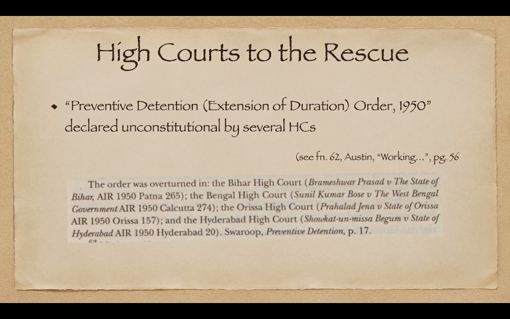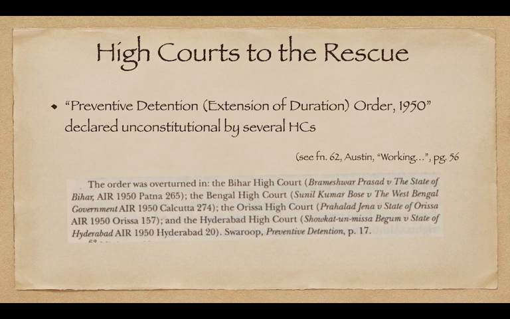And Brahmeshwar Prasad, Sunil Kumar Bose, Prahlad Jena and Shaukatun Missa Begum, all of these approached their respective high courts, Bihar, Bengal, Orissa and Hyderabad, seeking habeas corpus, and they were granted habeas corpus, and in turn each of these high courts held that particular preventive detention extension order to be unconstitutional, to be violative of Article 21.